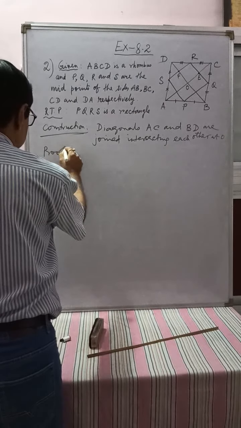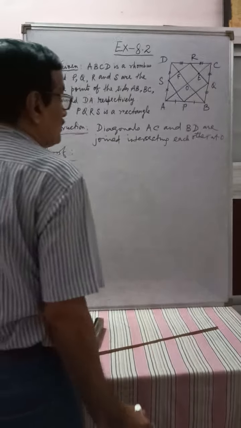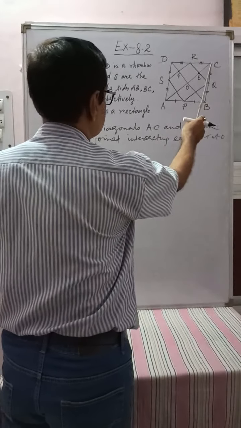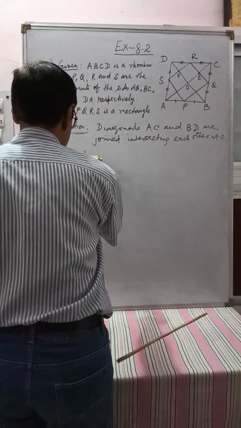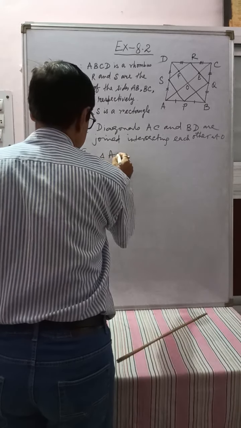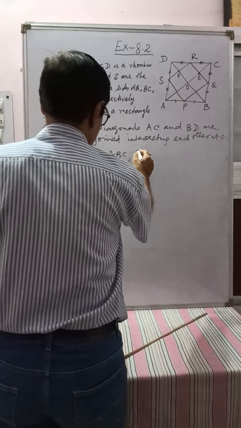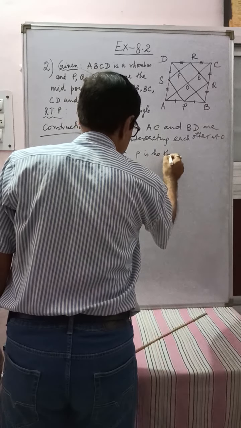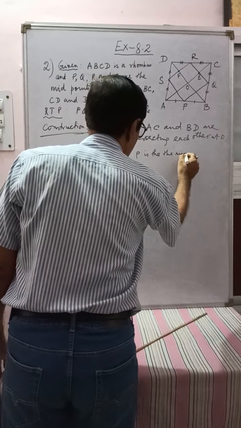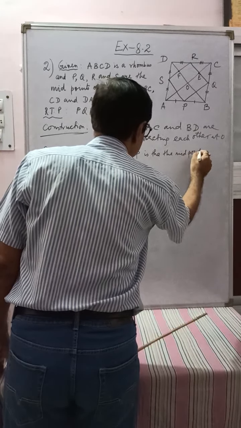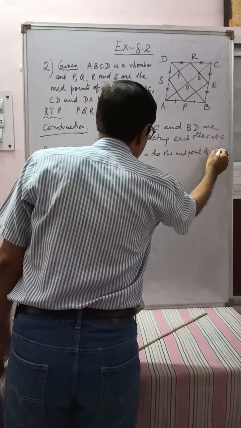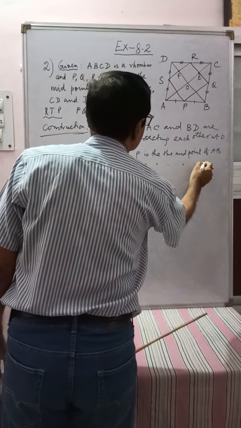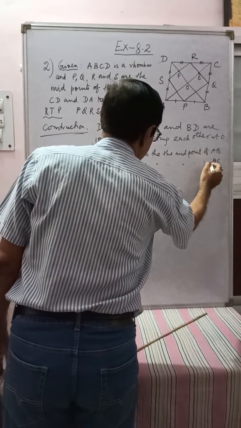Now first we will take this triangle ABC. In triangle ABC, P is the midpoint of AB, Q is the midpoint of side BC.